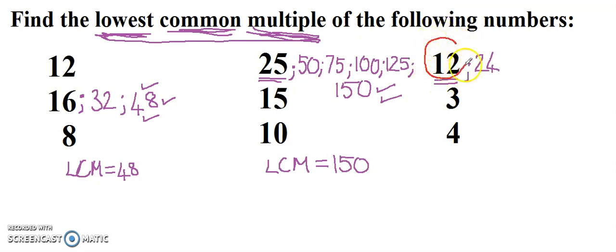We've got 12 as a number, but we know that 3 can go into 12, and so can 4, which means that 12 is our lowest common multiple. We don't need to go to 24 or 36 or anything. All of those would be common multiples, but our lowest common multiple is 12.